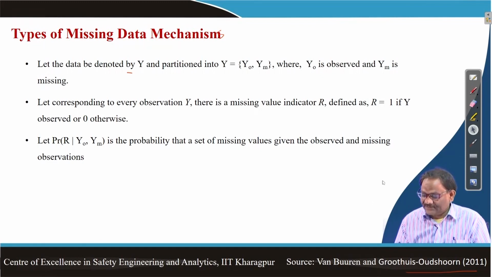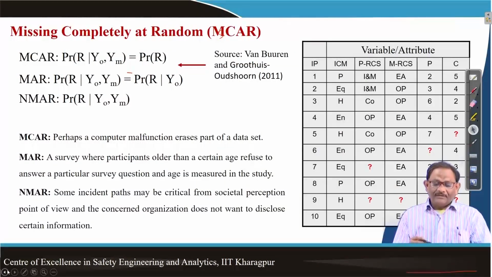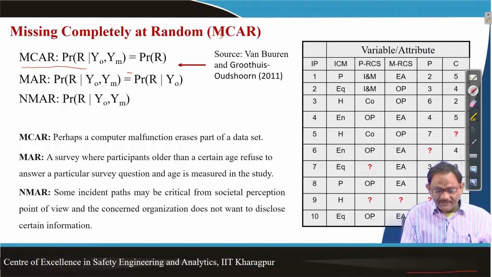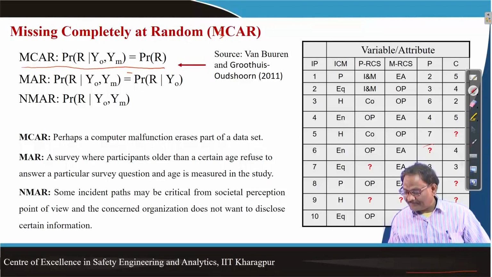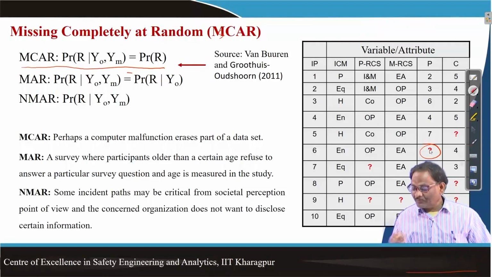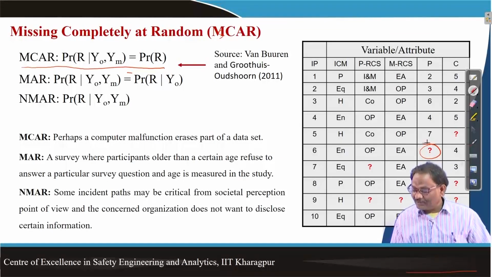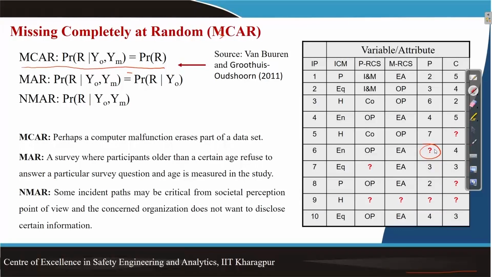Okay, so with this we want to define first missing completely at random. That means if you have a missing value here, what is the probability of this missing value? Does the probability of a missing value depend on observed as well as unobserved data, observed as well as missing data?